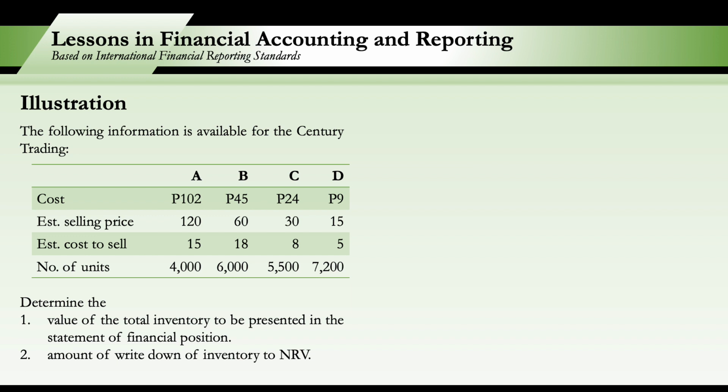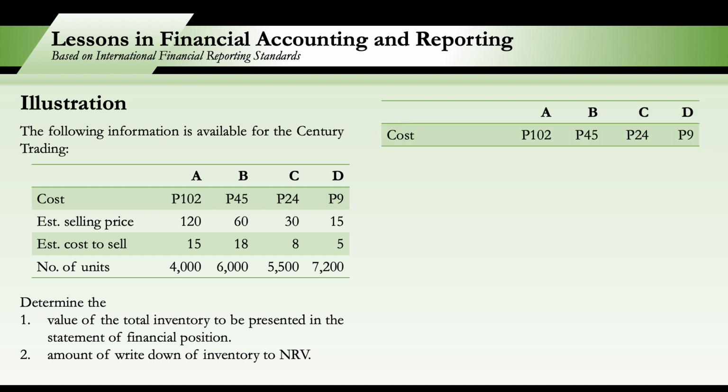Okay, so to answer this problem, of course, first we are to present the cost of inventory. So for A, we have 102, for B, 45, for C, 24, and for D, it's 9. Next, we also determine the net realizable value of inventory. So ano ulit yung computation natin ng NRV? Estimated selling price, less estimated cost to sell, and estimated cost to complete.